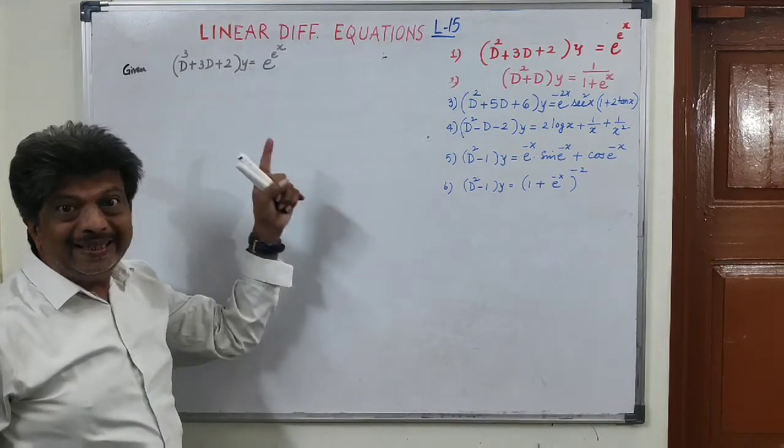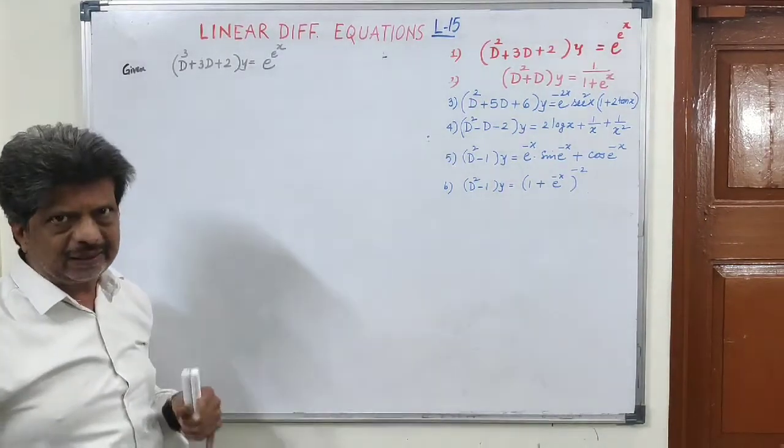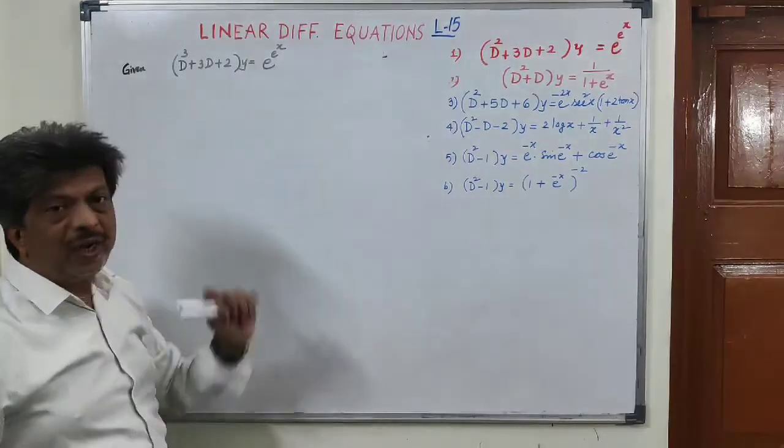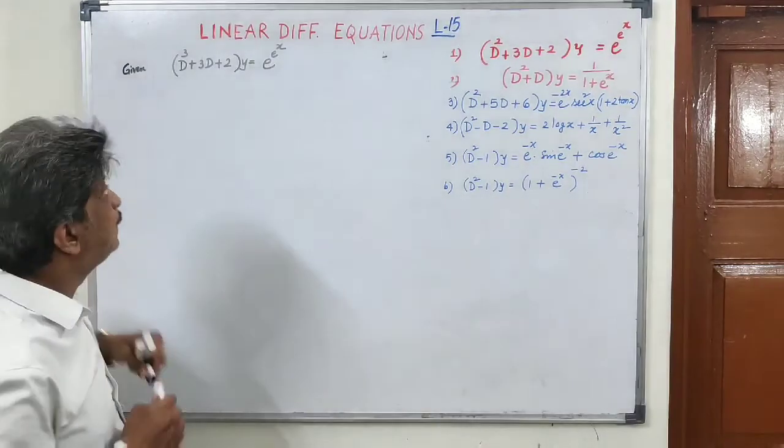So the right hand side function is a function of e power x. So here we would be deliberately using the general integral method. How? We shall factorize at the outset.